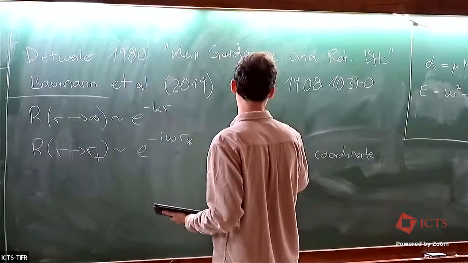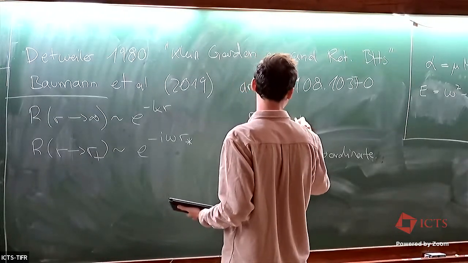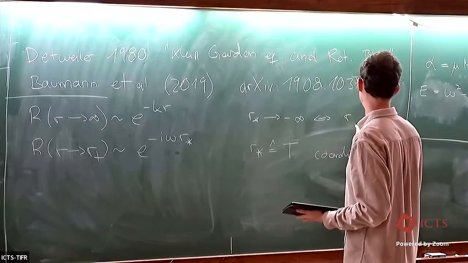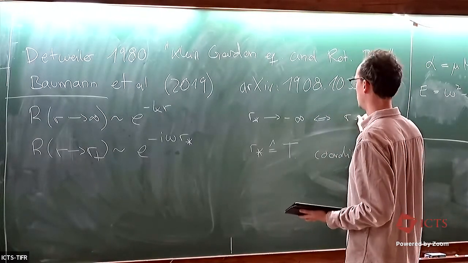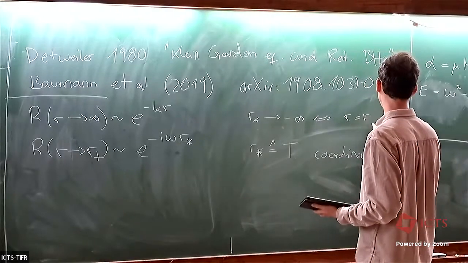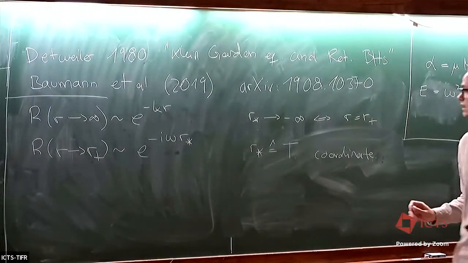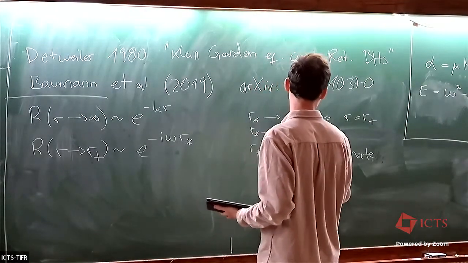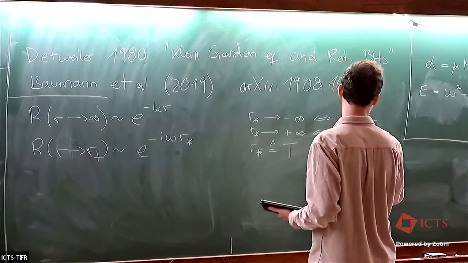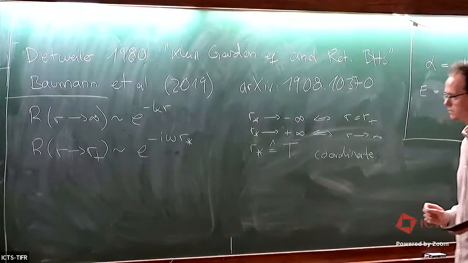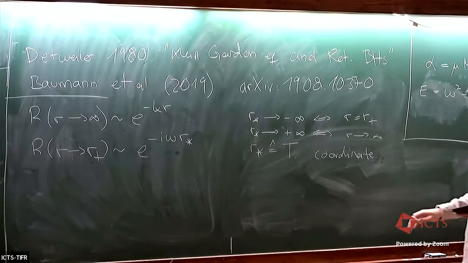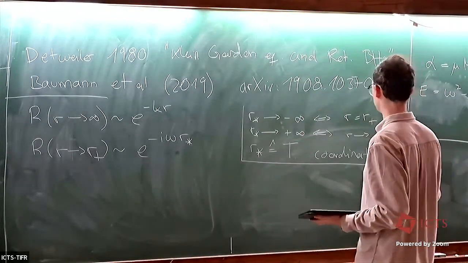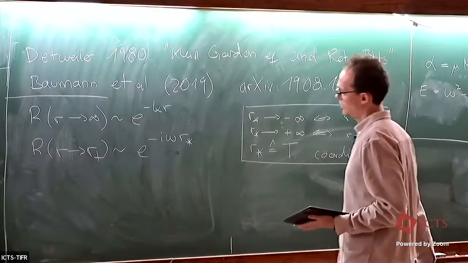The idea is that r star to minus infinity corresponds to r equals r plus, and r star to plus infinity corresponds to r to infinity. So basically, we just move the horizon to minus infinity. But the detail is not too important.